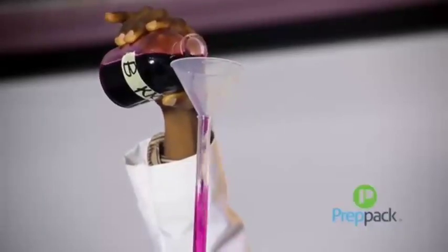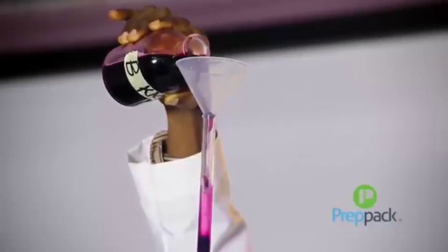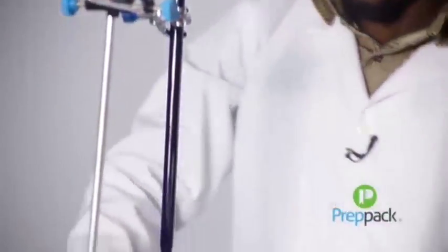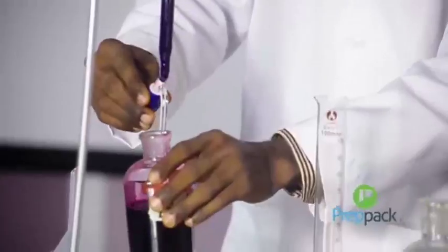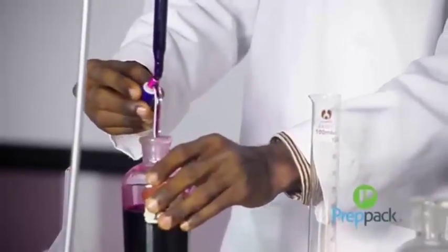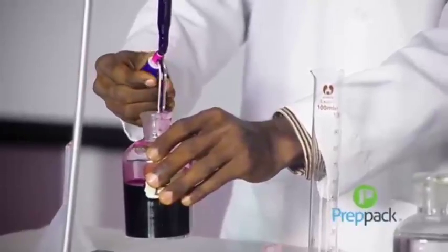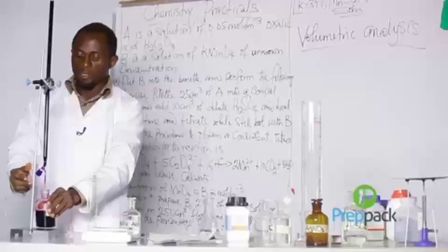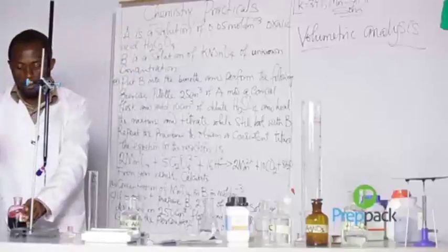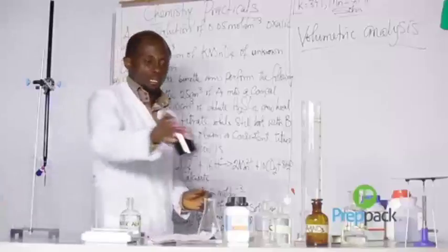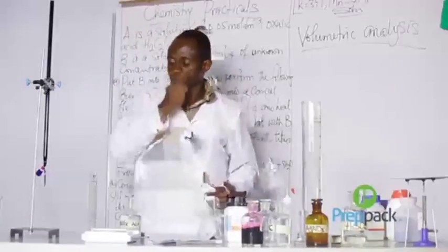The burette is calibrated from 0 to 50, so all you need to do is fill the burette to the 0 mark. All right. At this point, this is 50 cm cube of KMnO4, which is potassium tetraoxomanganate(VII) solution.